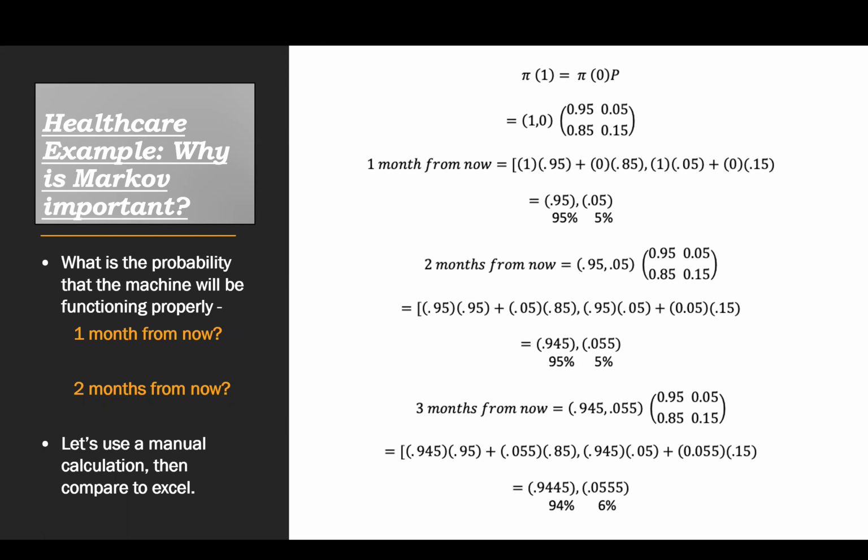So you take the 0.95 and switch it for 0.945, and the 0.05 and switch it for 0.055. Do that same equation, and at 3 months it is starting to go down a little bit as far as the working percentage. It goes down to 94% that it will be working, 6% that it won't be working. And again, knowing the history of these machines, that makes sense to me. So that is likely realistic.